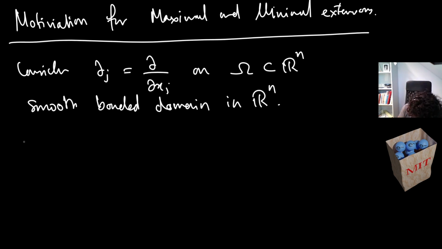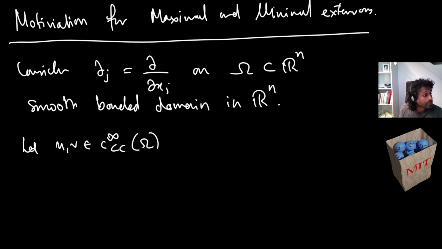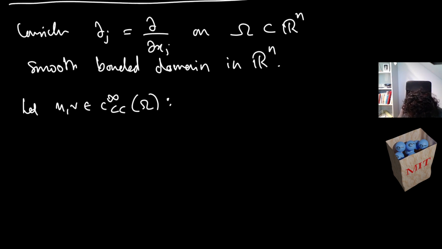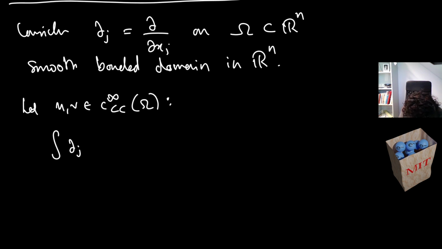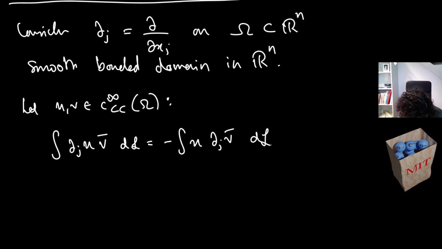So let u and v be compactly supported functions. We know for such functions that the integral of the partial derivative of u times v d Lebesgue is equal to negative the integral of u times the partial derivative of v d Lebesgue.